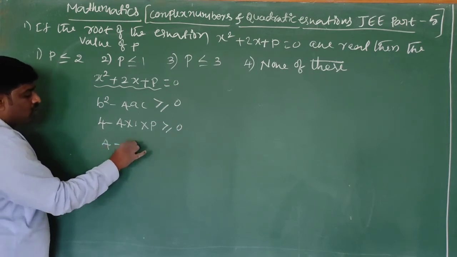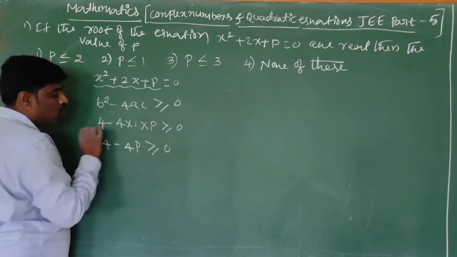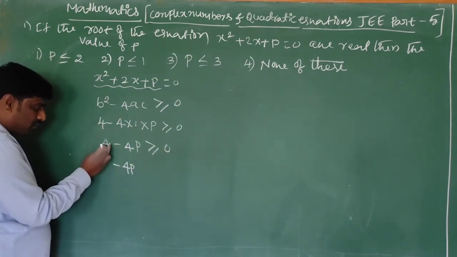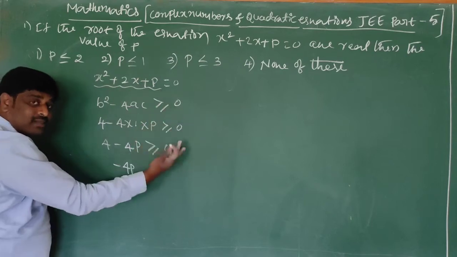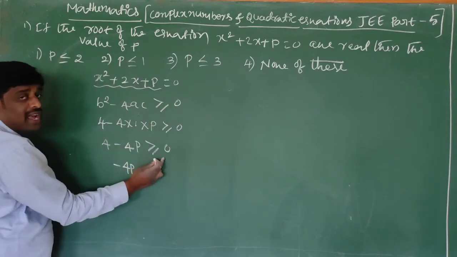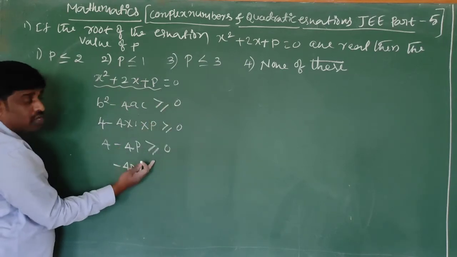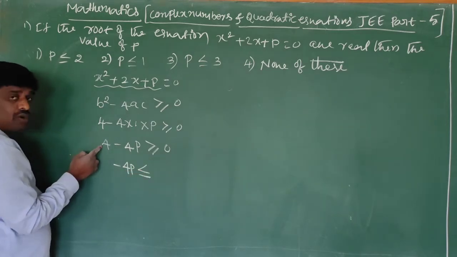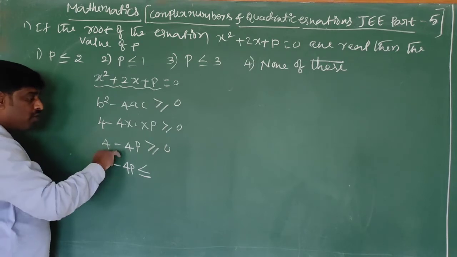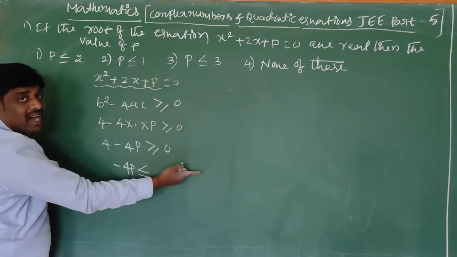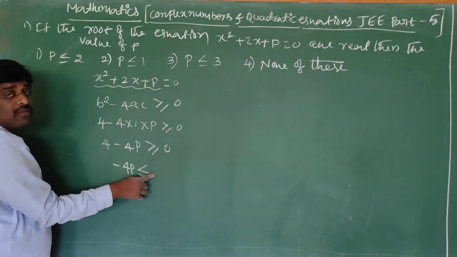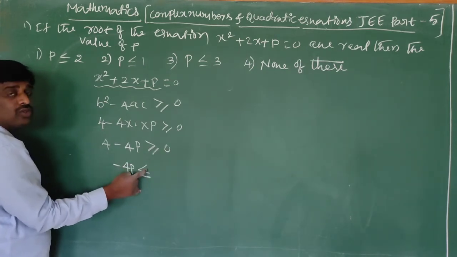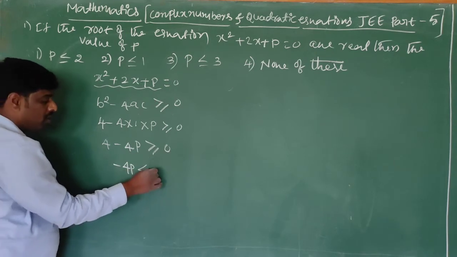4 minus 4p greater than or equal to 0. Minus 4p, when you shift the plus 4 to the RHS, it becomes minus 4, so the inequality changes to less than or equal to.